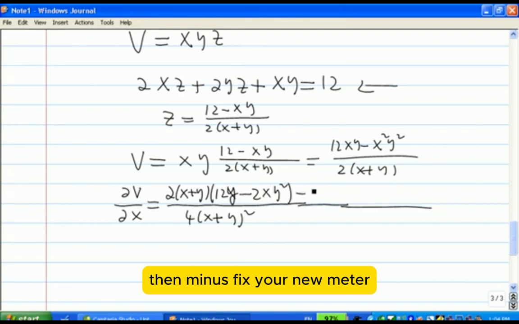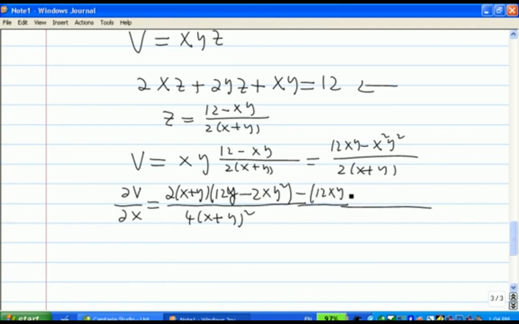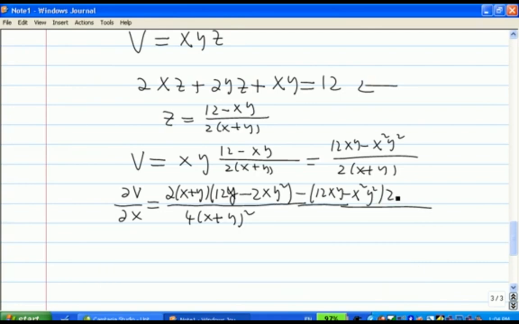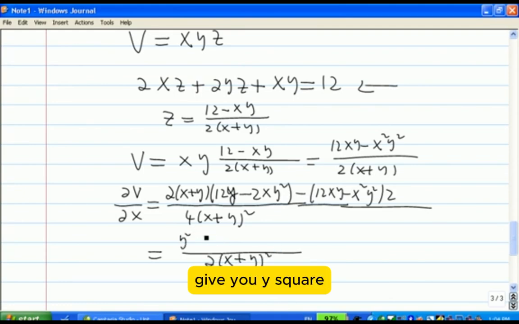Then minus, fix your numerator, take the derivative of your denominator, which gives you 2, treating y as a constant. To simplify that, you get y squared times (12 minus 2xy minus x squared).